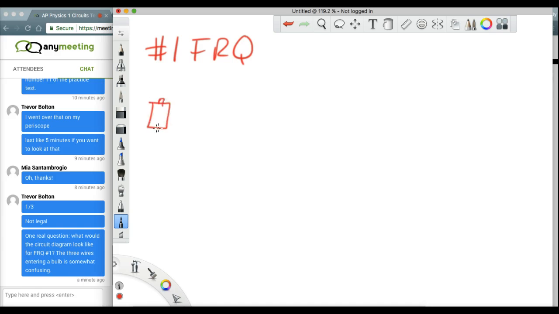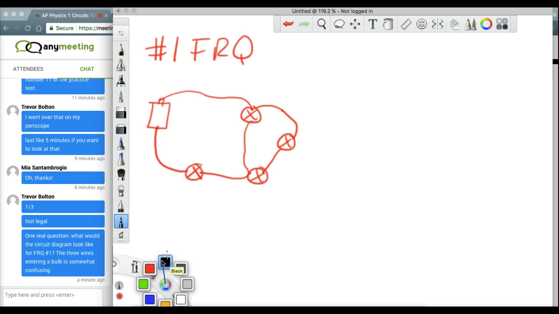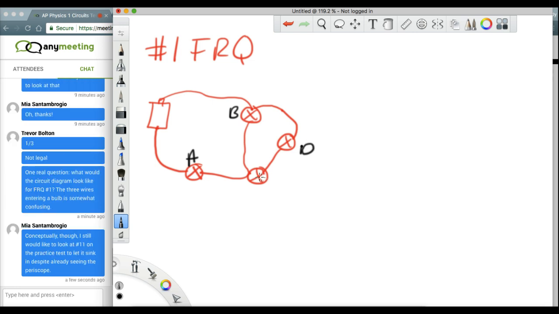There's a battery, positive terminal, and they had a light bulb here, and then from there going to another light bulb, going to another light bulb, and then they had this one connected to that one, and then they had this one connected to that one. And they labeled them A, B, D, C.